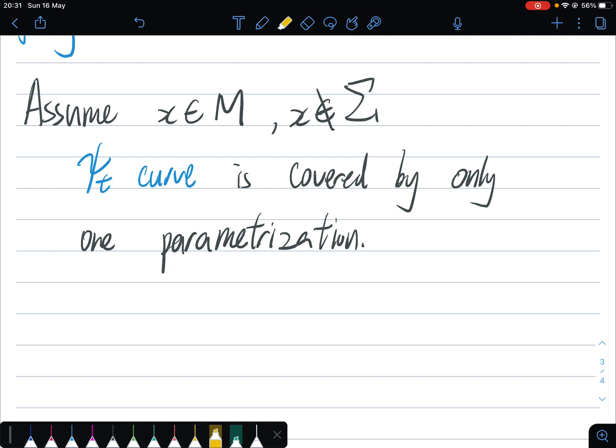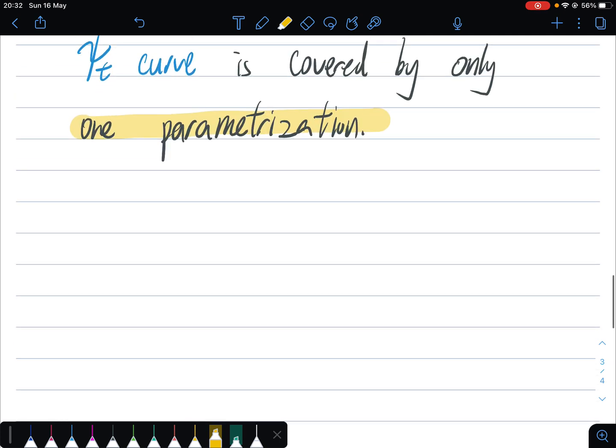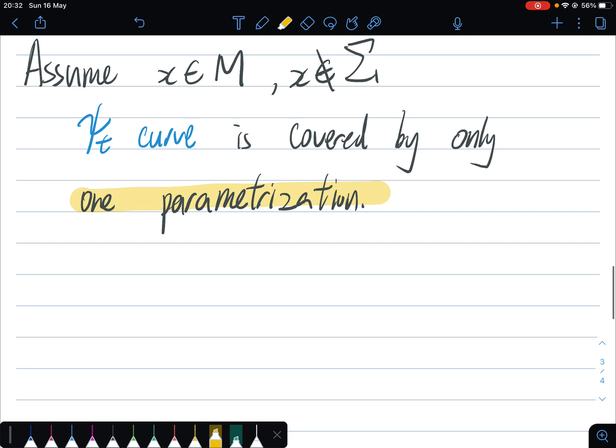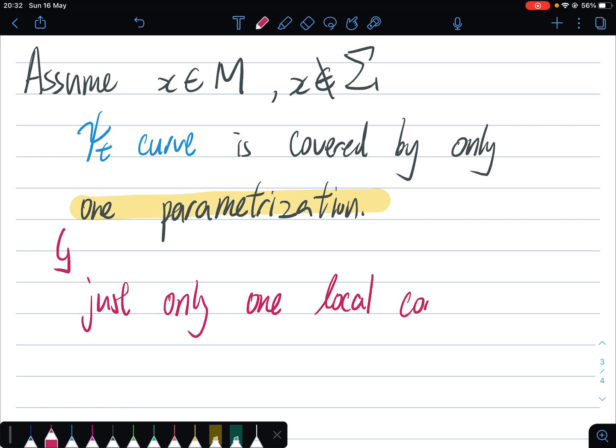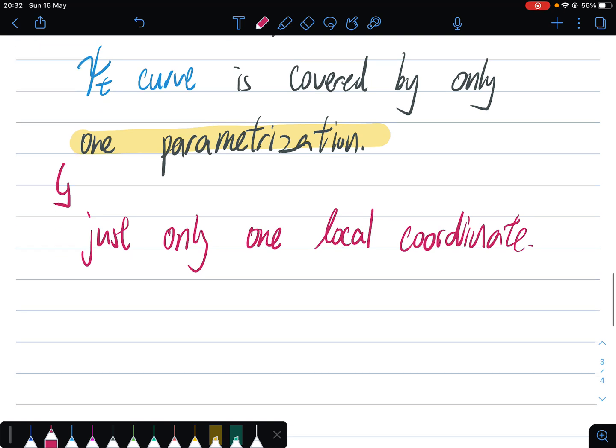This is only a special case, but it will help us later. When the psi curve is covered by only one parametrization, it also means that we can use only one local coordinate, and we will define it as u1 to un.